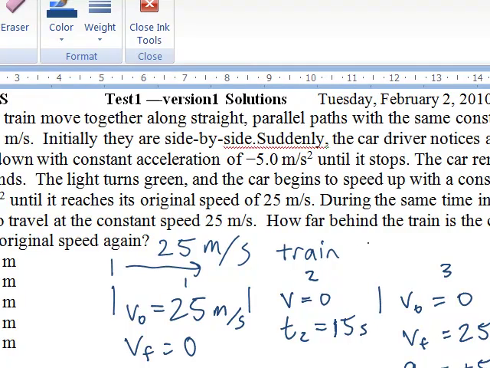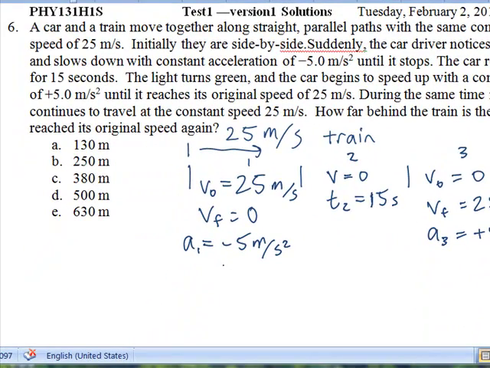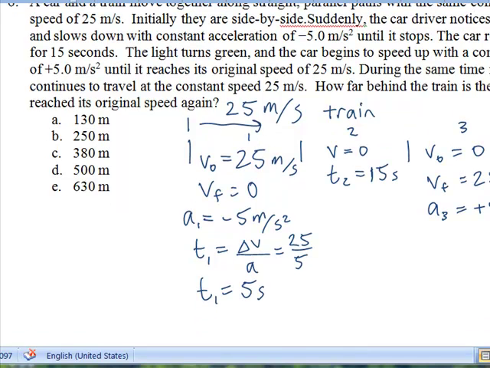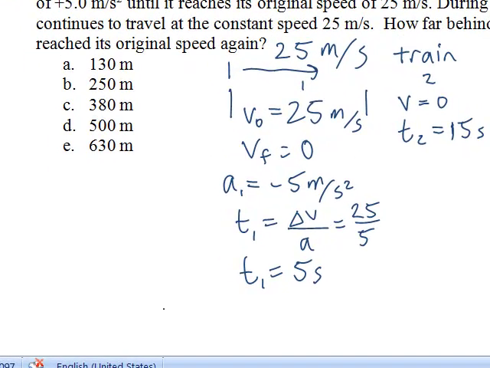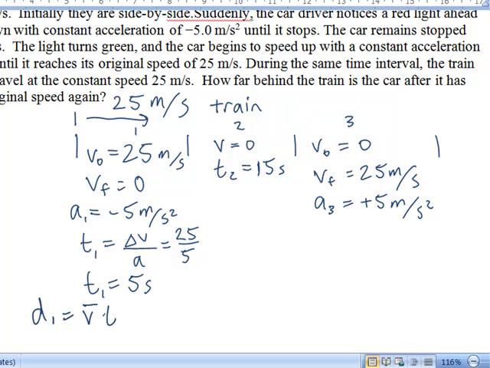So the train will travel some distance, and the car will travel some distance, and you're asked to subtract. So let's look at these 3 segments of motion of the car again. The time for the first segment is going to be the change in the velocity divided by the acceleration. So this will be 25 divided by 5. So t1 is going to take 5 seconds. And the distance that it travels, d1, is going to be equal to the average velocity times the time.